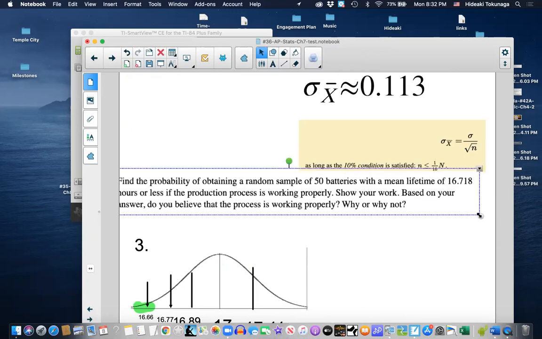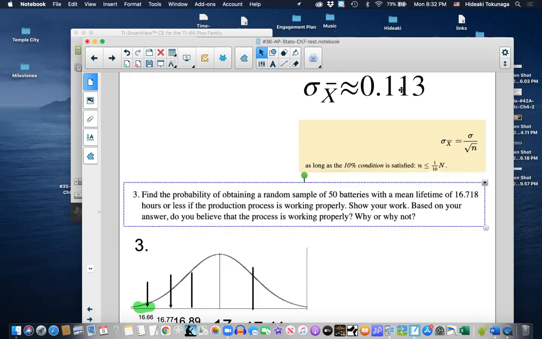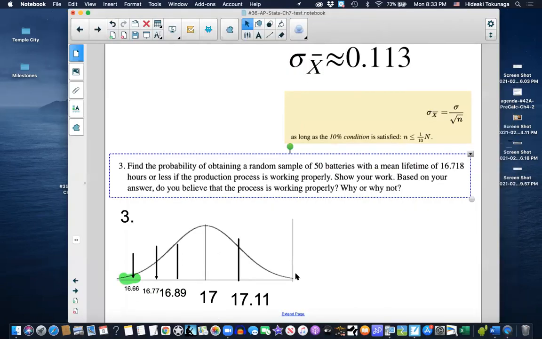And let's use 0.113 as the data, okay, not 11. Find the probability of obtaining a random sample of 50 batteries with mean lifetime of 16.718 hours or less if the production process is working properly. Show your work. Based on your answer, do you believe that the process is working properly? Why or why not? Okay, so let's run the normal CDF.